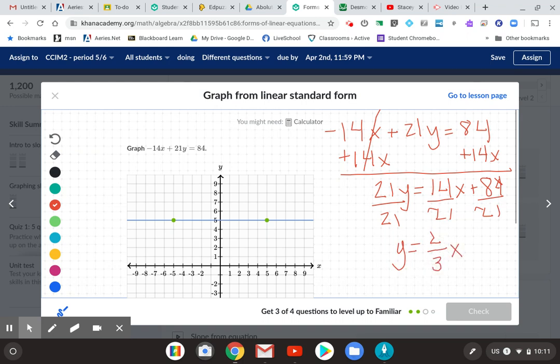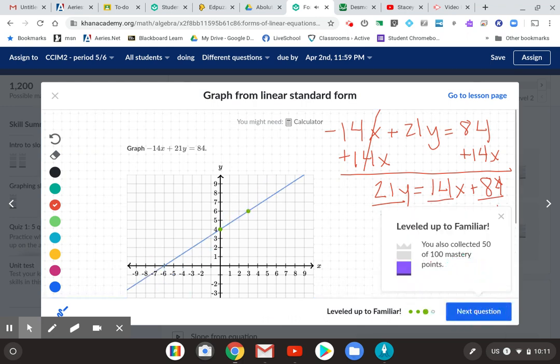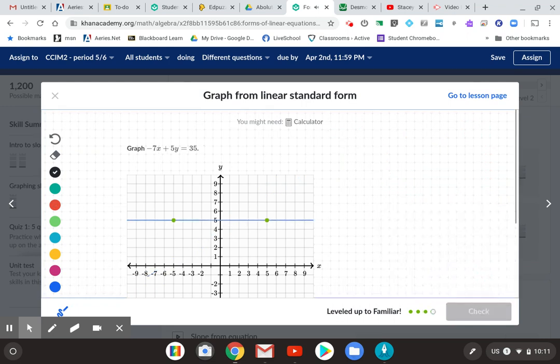And then if I do 84 divided by 21, and you can get it out on your calculator, we're going to get this to be plus 4. So we're going to start, the first dot is at 4, up 2 to the right 3. And we get it. Okay, so right now I have 75%.